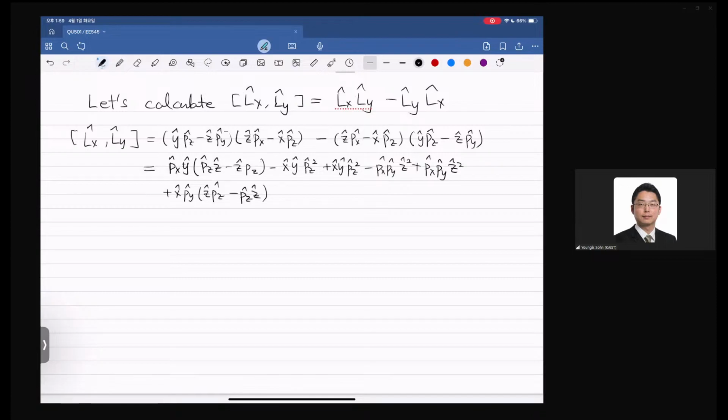So to wrap up, these guys are all canceling out. You have this one left, so that's going to be pxy, and then that expression itself is a commutation relationship, pz z, plus xpy z pz.